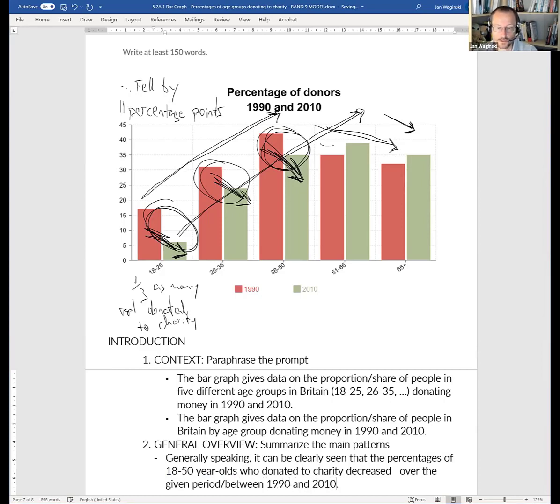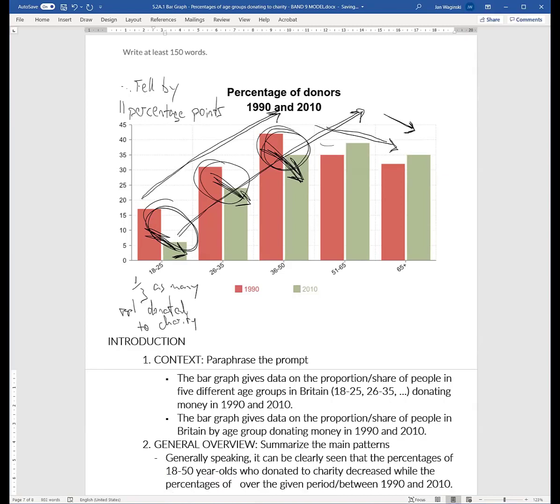Doesn't matter. Okay, what else is true? While the percentage of 50 years and above, so we're going to say 51 and above, increased. Who donated to charity increased.